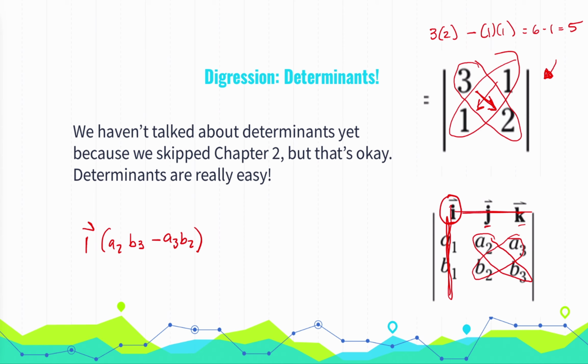Then we're going to do the j's. So you take j, and you cross out the top row, and you cross out the middle column, and you do the determinant of what's left. So A1, B3, minus A3, B1.